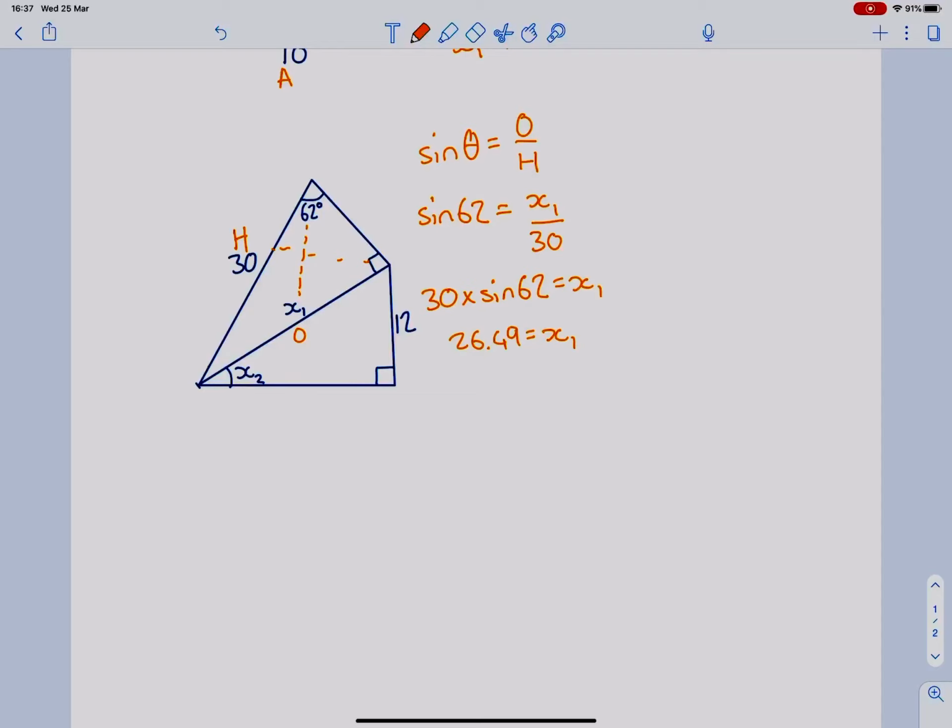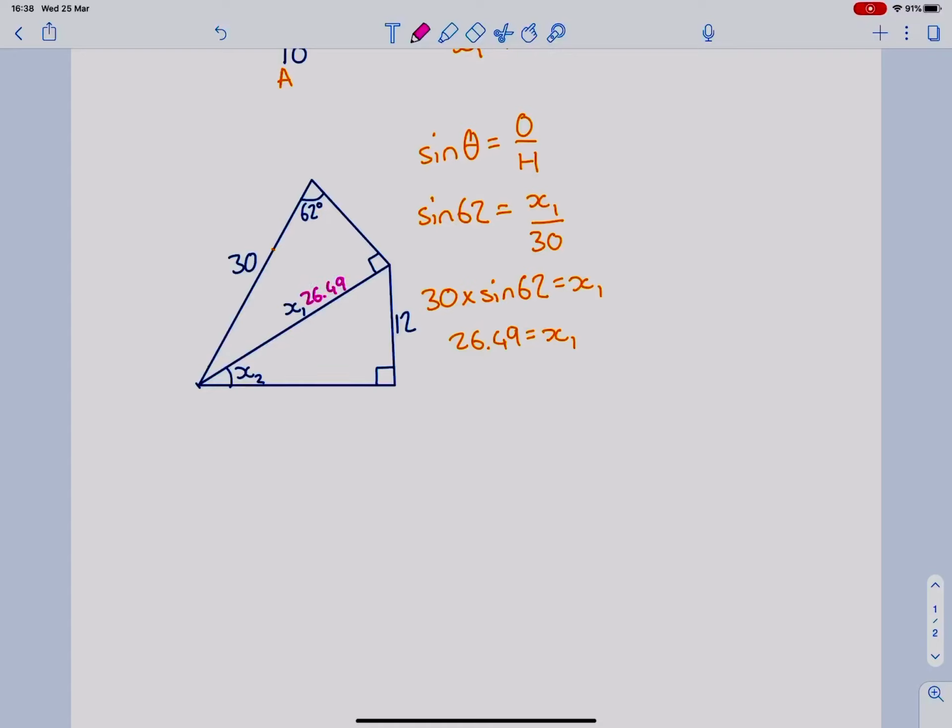Okay, once we've got x1, we then need to find x2. So now looking at our other triangle, we don't need these labels at all anymore. You can still leave yours on rather than rubbing them all off, obviously. We now know that x1 is 26.49, so that's the length of that side now.